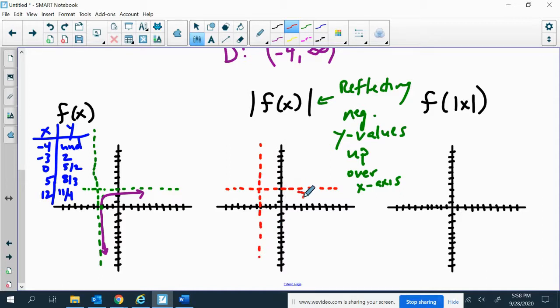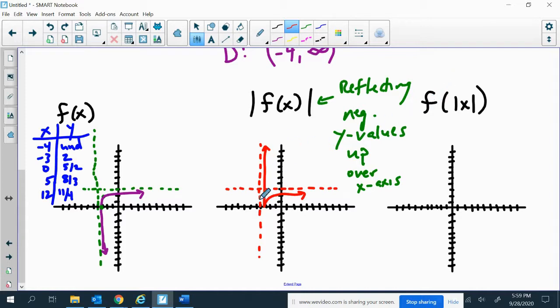So nothing really changes about the graph until I get to this value where it intersects the axis. Once I get to this value where it intersects the axis, it then shoots up like this. It's a little curvy, but it shoots up like this because everything that was down here gets reflected up. So notice that this is going to cross our supposed horizontal asymptote because the absolute value kind of eliminates that asymptote as we're going toward -4.